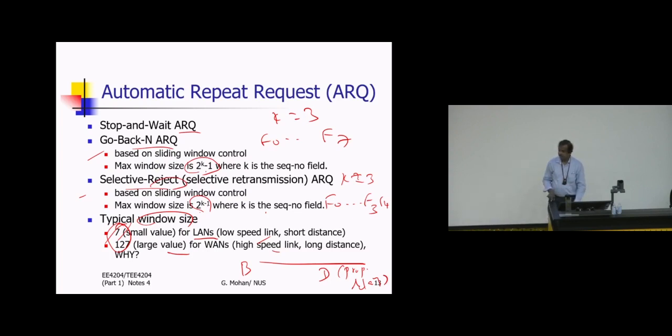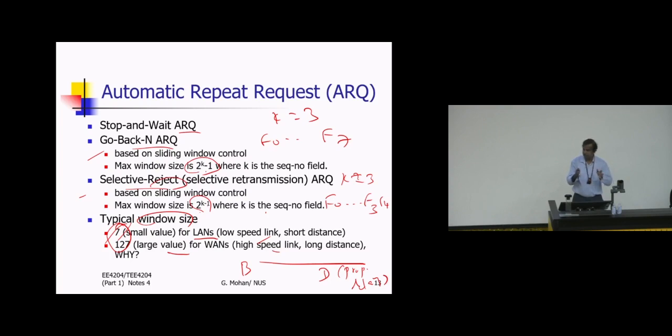So the window at the sender side would be quickly exhausted. Window becomes empty. That's not desirable, because when the window becomes empty, we cannot proceed further. Usually, by the time the acknowledgement comes back, we still want the window to be non-zero.